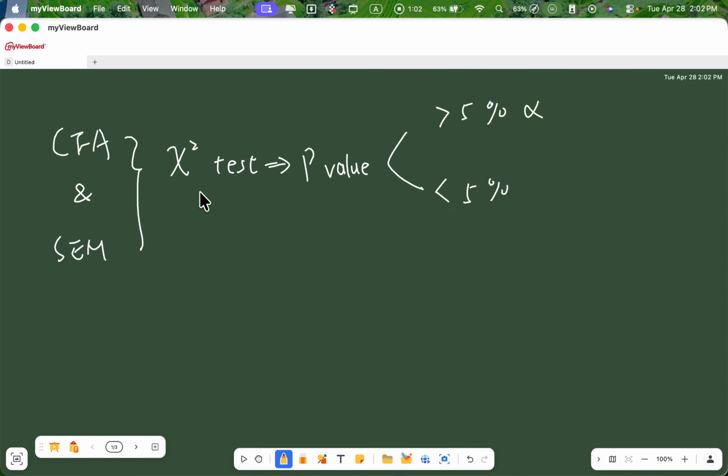The chi-square takes the difference between data and your theory.